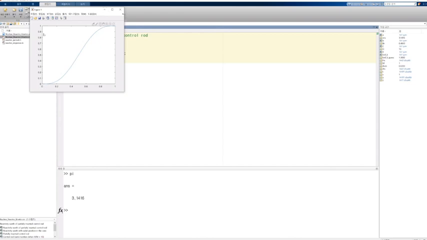And of course, as the control rod is inserted more and more, the ratio of the reactivity compared to the fully inserted case may increase, and this would be the case when the control rod is fully inserted.